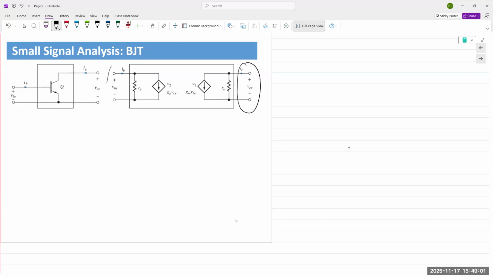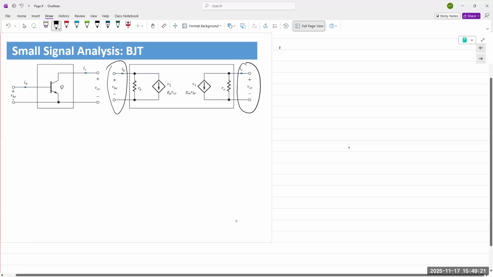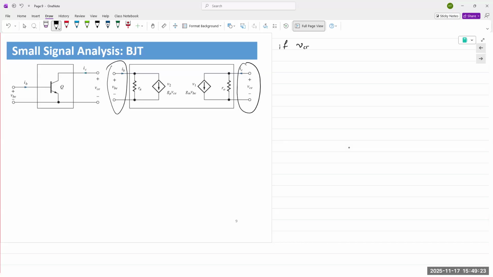Output terminals, input terminals. On both sides, we are representing it as a current source, right? Output current that is dependent on the input side. So let's say at the Q point, if I was to write that VCE is equal to 0 at the Q point, and try to determine some of these parameters.